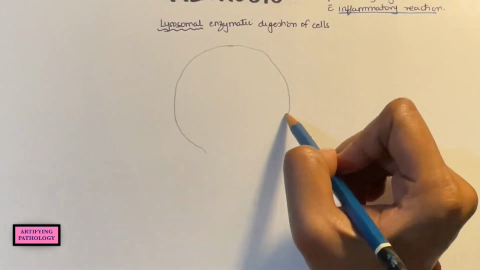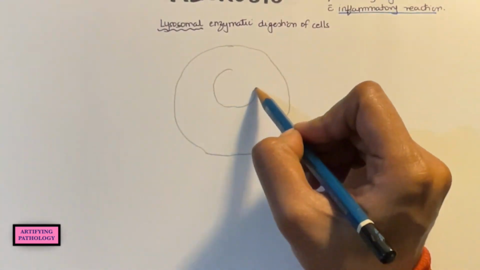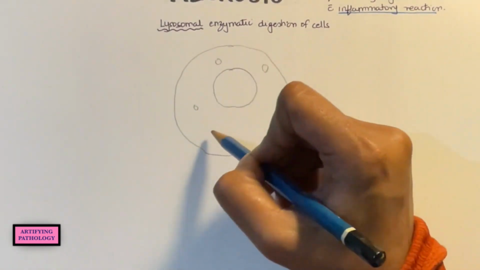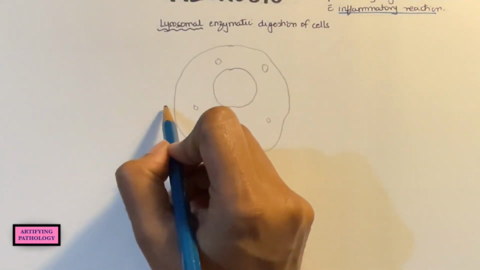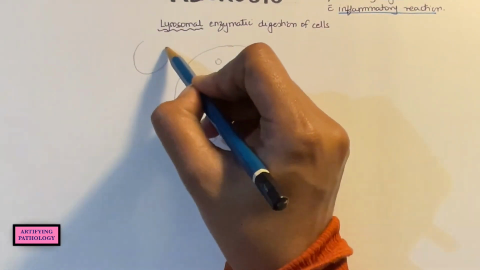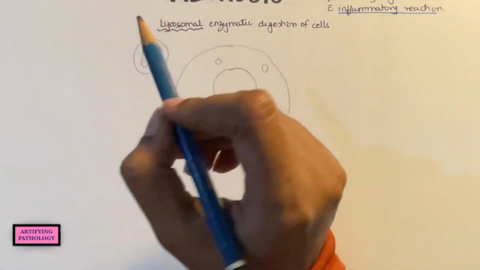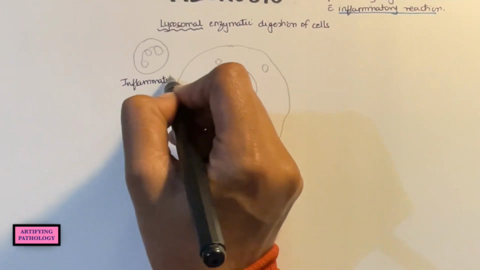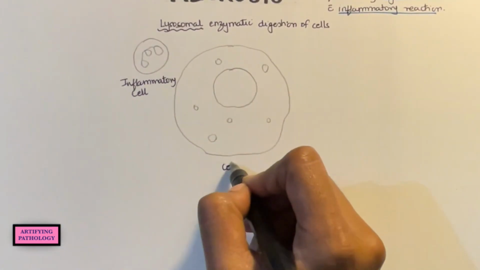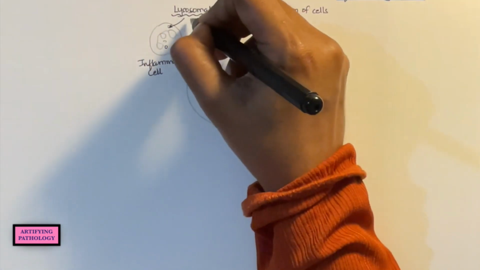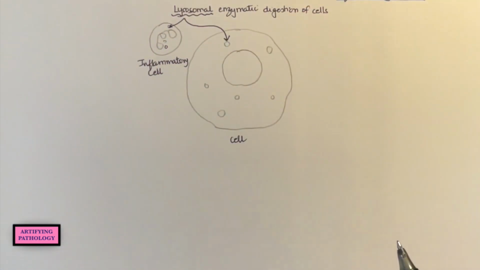So here I'm drawing the cell which will denote necrosis, and these are the lysosomes. This is an inflammatory cell. I'm showing it as neutrophil, which also has lysosomes. So by lysosomal degradation we mean the lysosomes containing enzymes which will cause the degradation of the cell.